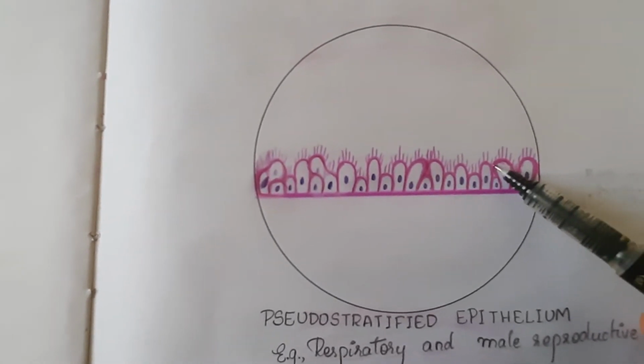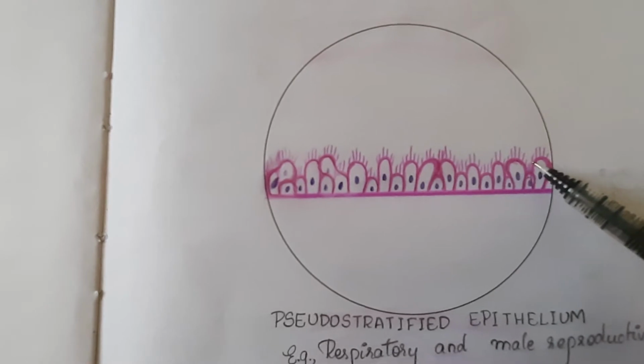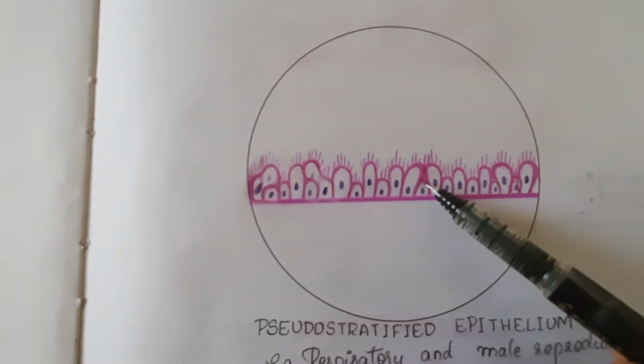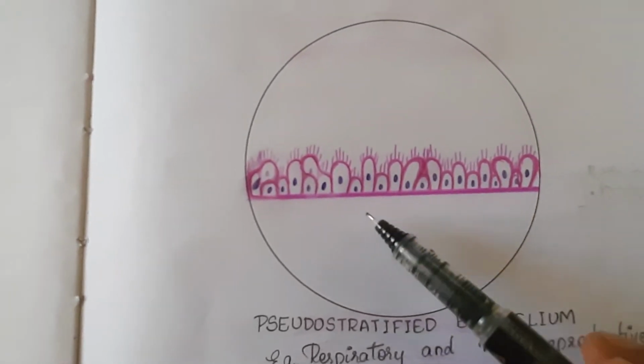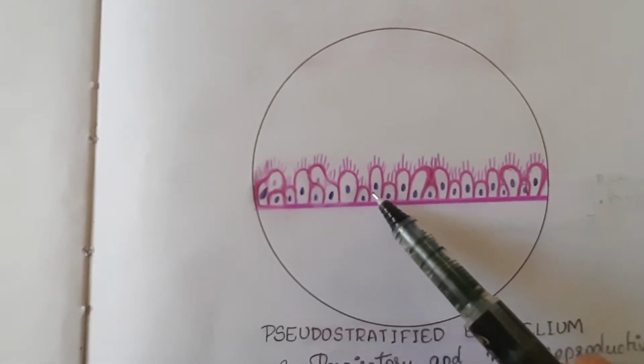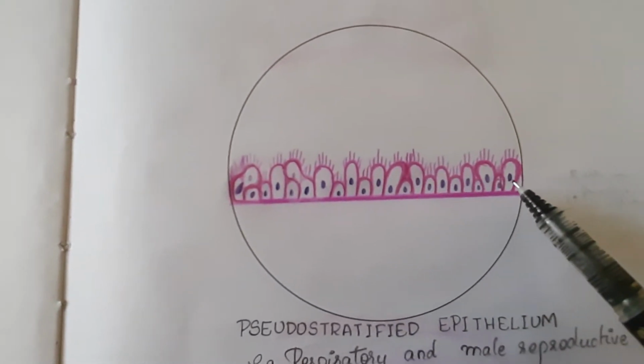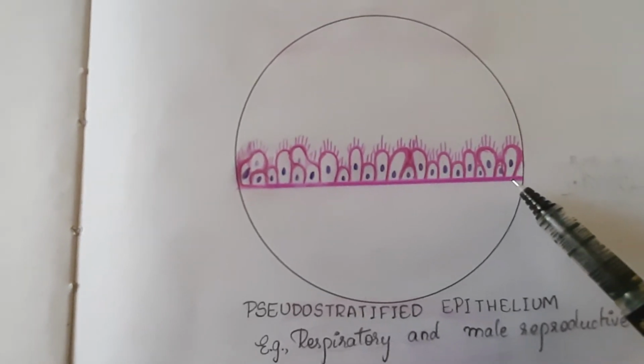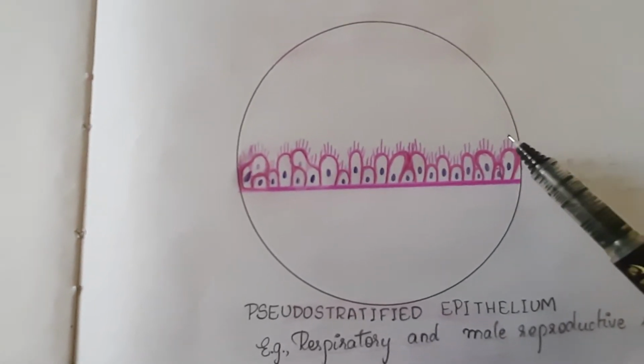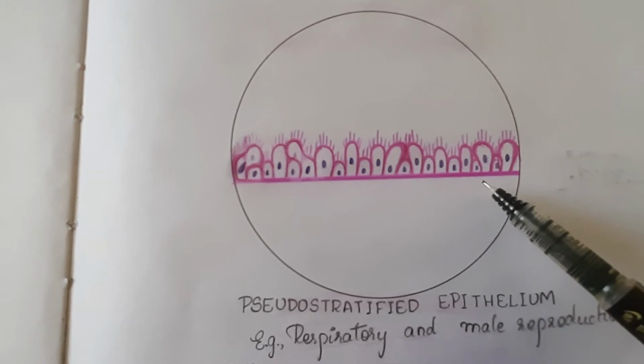Then the nuclei of all the tall cells are at the top, appearing as a different layer, while the nuclei of the short cells appear towards the base. So the nuclei appear like two layers: the apex of the tall cells and the bases of the short cells.